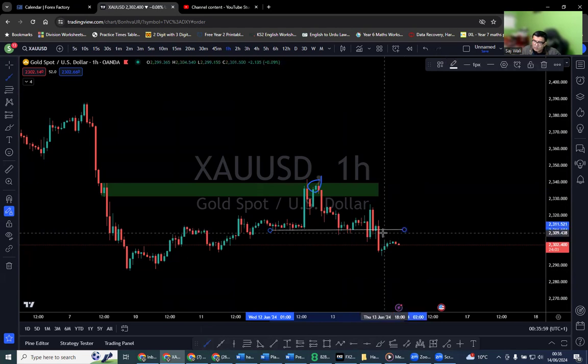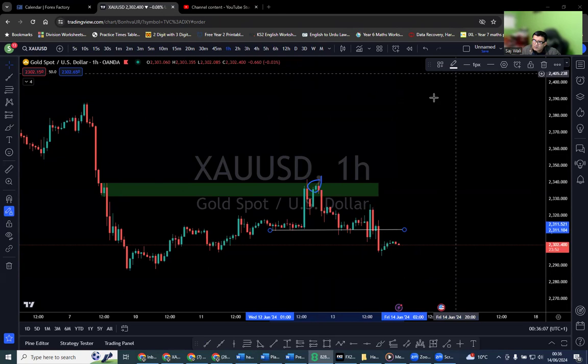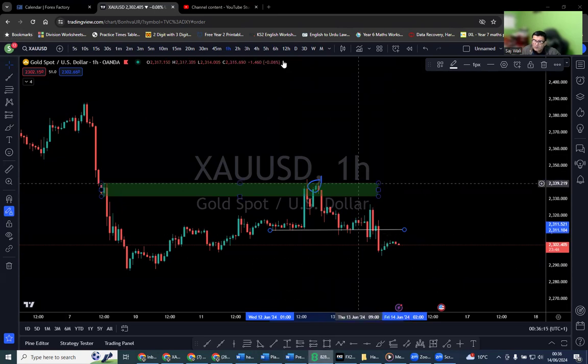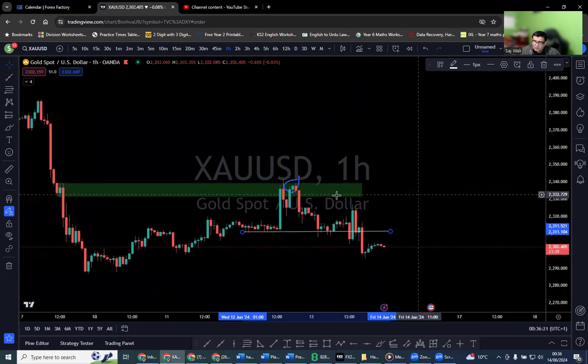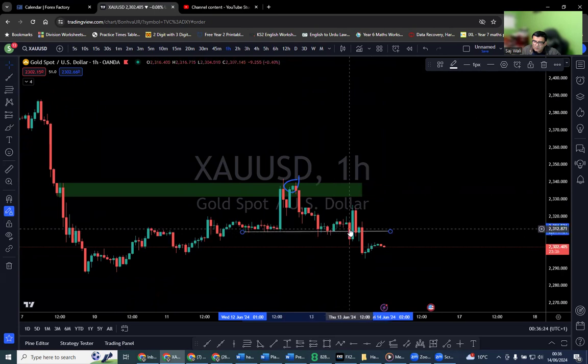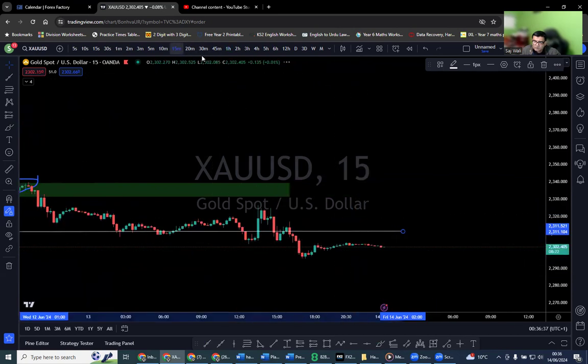This level was broken here today. The market came down, went to the upside, and then broke the level, and multiple times you can see that.